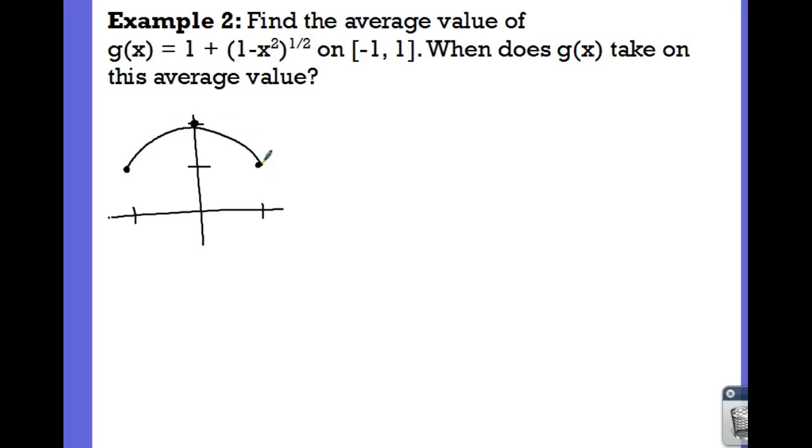So again, what we're looking at is a semicircle shifted up 1 unit. So when we talk about this, we're talking about the area under this curve with the x-axis, we're talking about this region in here.